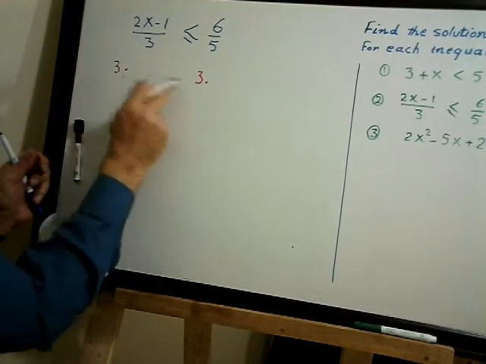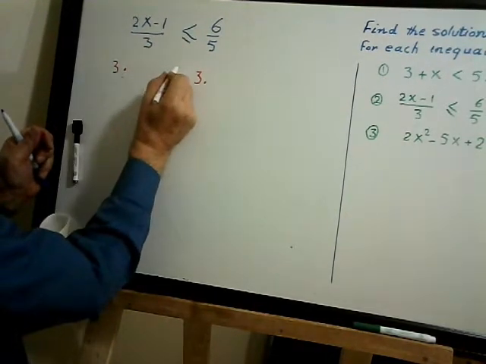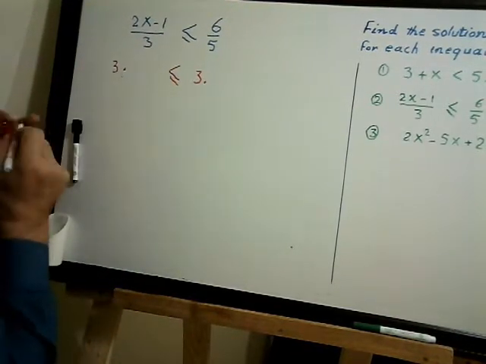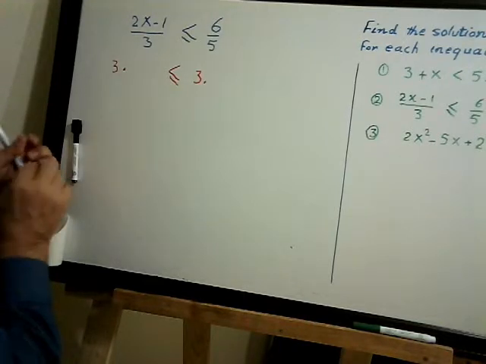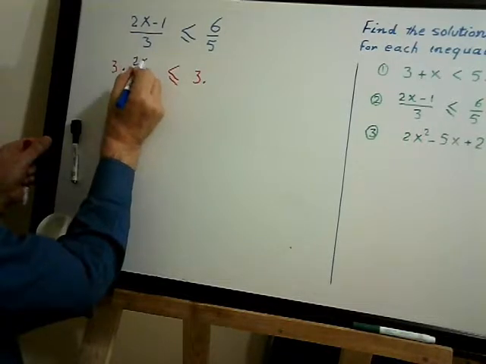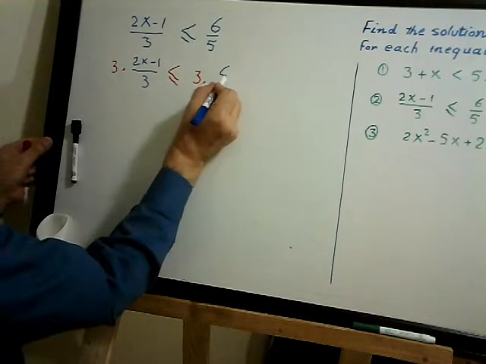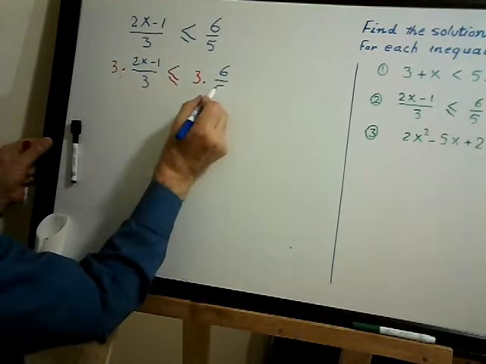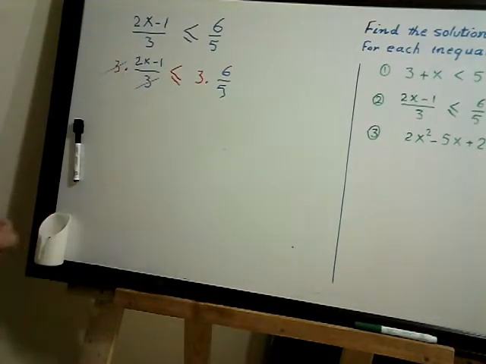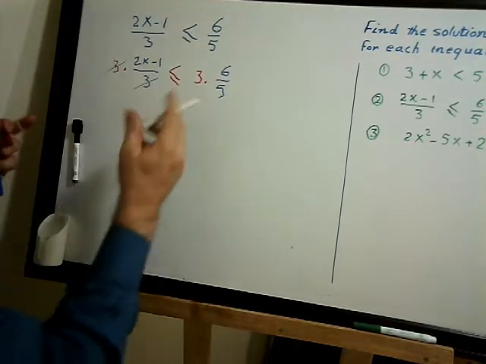This is a positive number, that's why multiplying will not change the sign of the inequality. It will stay the same. So by multiplying by 3 for 2x minus 1 over 3, here 6 over 5, then we can cancel 3 with the 3. So we will get the new form.